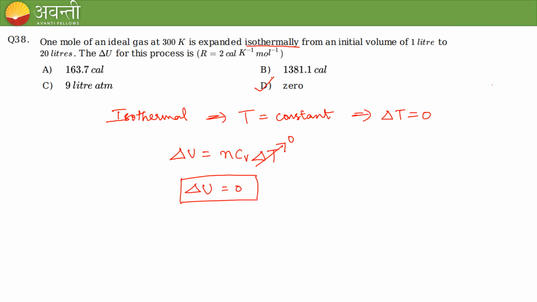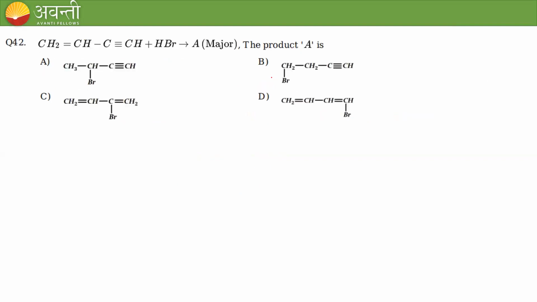Clear? Then moving on to the next question, 42. We have a reactant reacted with HBr and we are getting products, and A is the major one. So we have to find out the major product. Here if you see we have HBr, so this is actually an addition reaction. We have an alkene and also an alkyne. The alkyne is more reactive than the alkene, so the addition takes place at the alkyne.